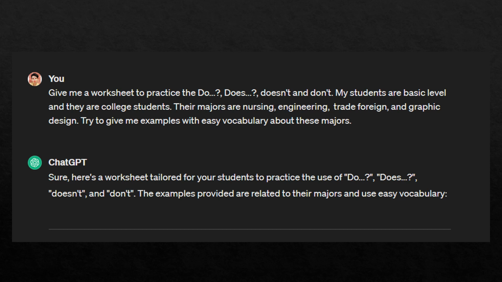Their majors are nursing, engineering, foreign trade, sorry, my bad, and graphic design. And try to give me examples with easy vocabulary about these majors, okay? And then, sure, here is a worksheet tailored for your students to practice the use of do, does, doesn't, and don't. The examples provided are related to the majors and use easy vocabulary.